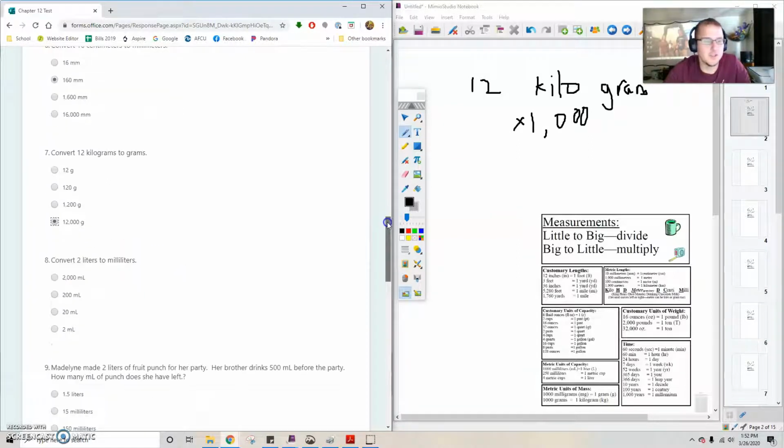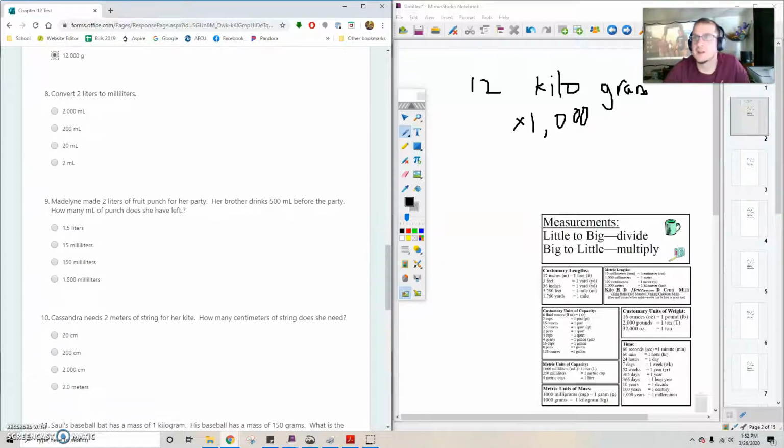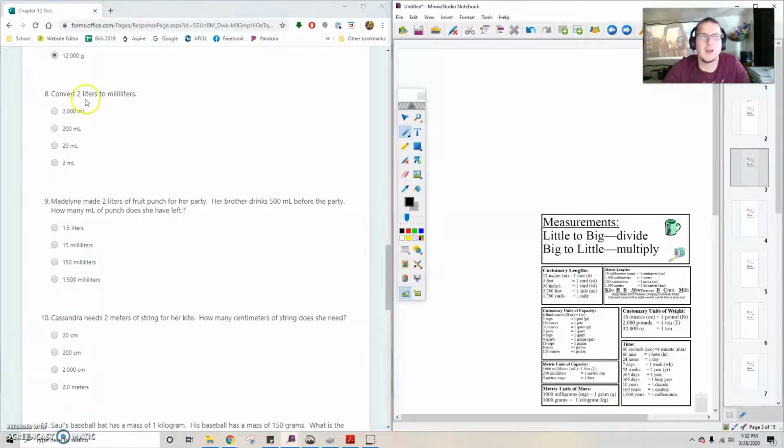Moving on to question number 8. Okay, 2 liters, how many milliliters? Now, milli is our 1/1000th. If you look down here, capacity, we have 1,000 milliliters equals 1 liter.